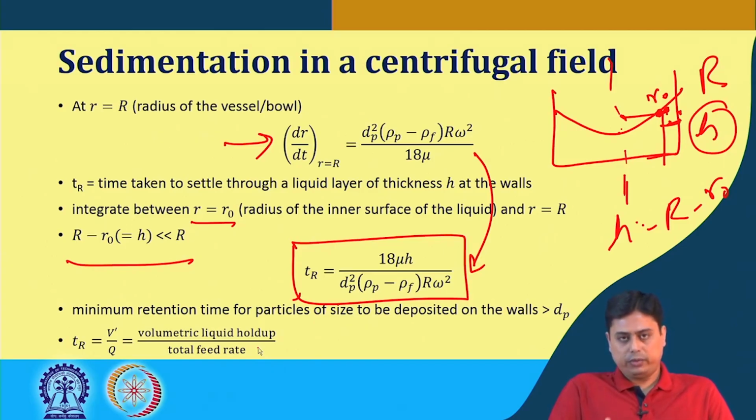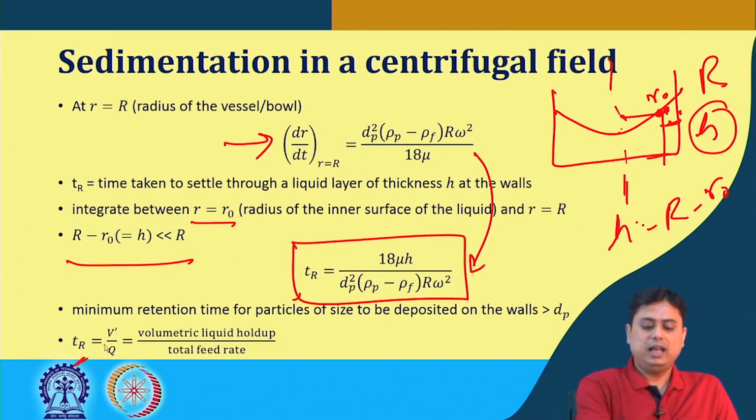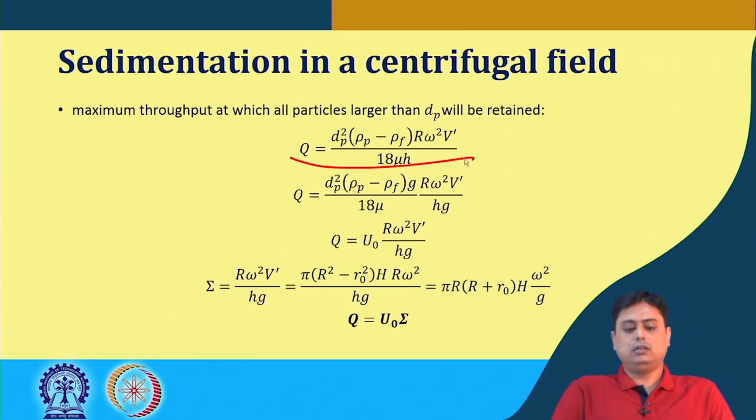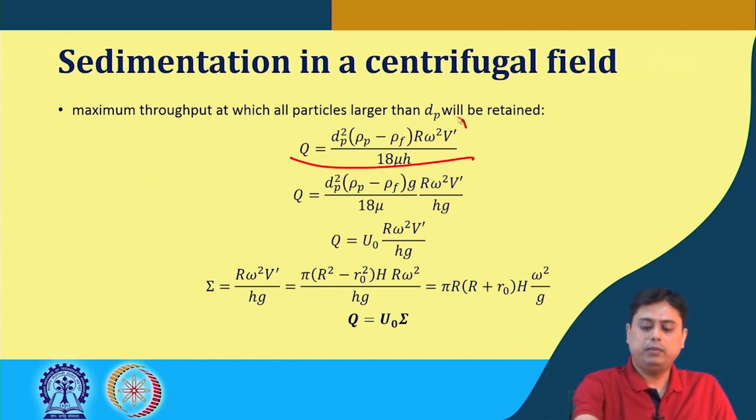That is the volumetric liquid hold up in the bowl and the total feed rate that is there. So, which means this t_R we can write in terms of this Q. So, the Q becomes this V prime divided by t_R, which is the expression that we derived.